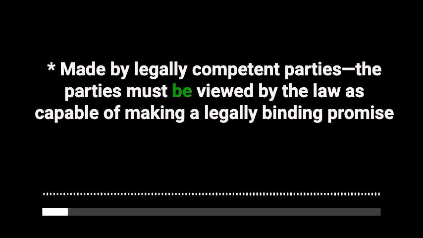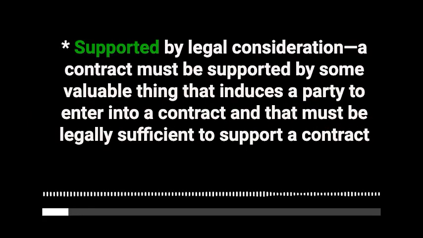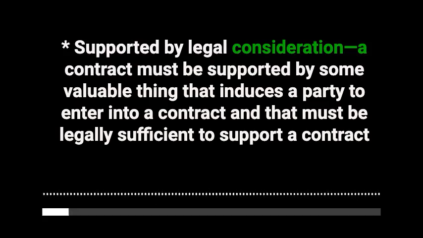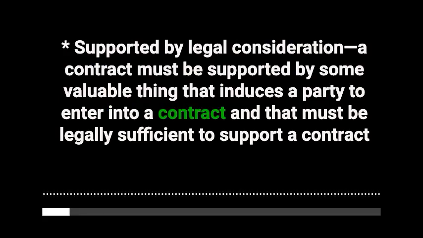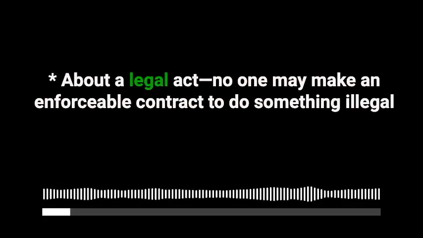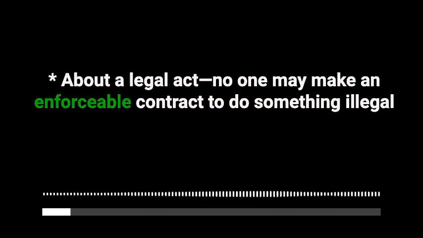The parties must be viewed by the law as capable of making a legally binding promise. Supported by legal consideration. A contract must be supported by some valuable thing that induces a party to enter into a contract, and that must be legally sufficient to support a contract. About a legal act. No one may make an enforceable contract to do something illegal.